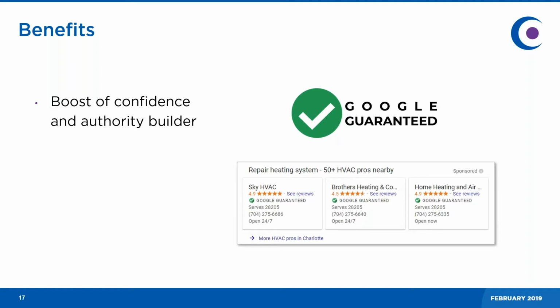You're the right company to call because on average, you have a 4.9 star rating or a 5.0 rating and 200 reviews, and you're Google guaranteed. The Google guarantee is like the cherry on top that says, yes, everyone recognizes Google, and to have their backing is a huge boost of confidence and trust builder with consumers who may not have a dedicated HVAC contractor that they work with, either for their seasonal tune-ups, or even just one-off repair requests or installs every few years.